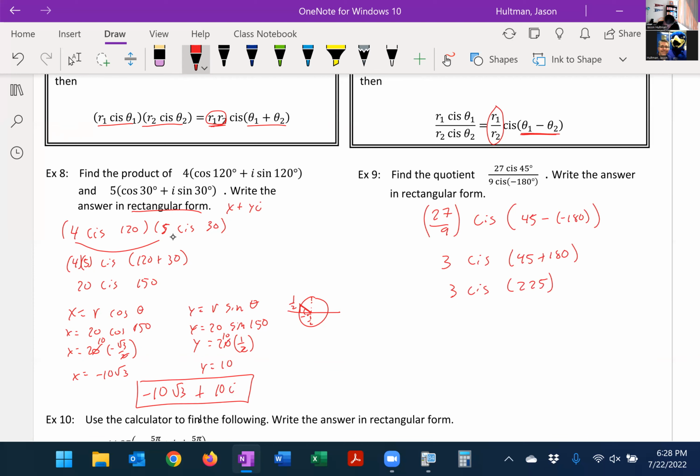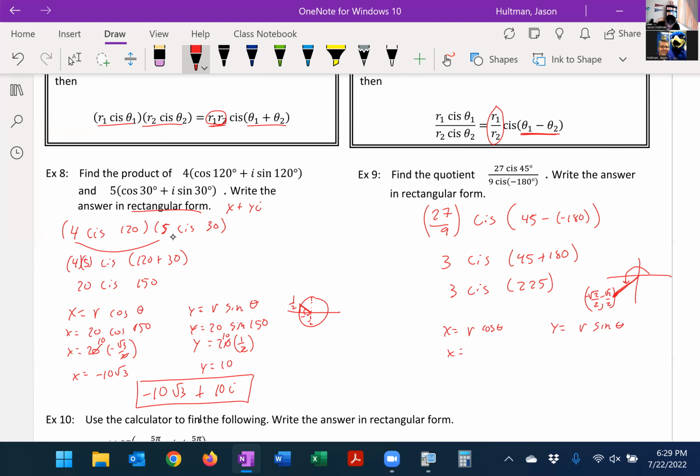Now 225, that's located in the third quadrant. The reference angle is a 45-degree angle. So this is going to be located at negative radical 2 over 2, negative radical 2 over 2, for the cosines and sines there. So we've got x equals r cosine theta, y equals r sine theta.